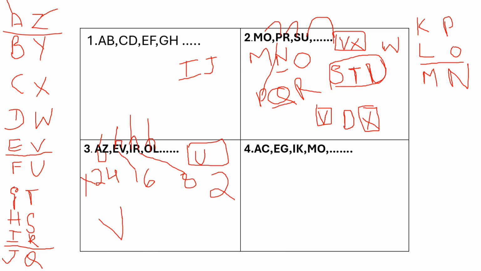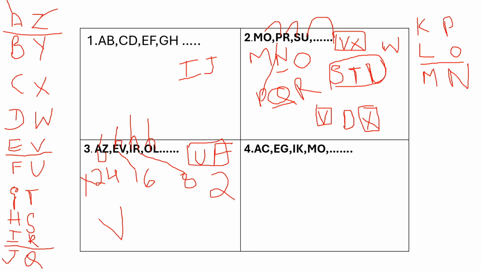Next, U is there. For U, we check the order while written in alphabetical order and while written in reverse series. Now we have to write F. Here, the logic behind this is: the first letter is a vowel, and the second letter is the reverse counterpart of the first letter, whether in alphabetical order or reverse order.